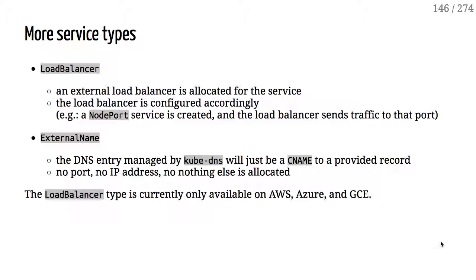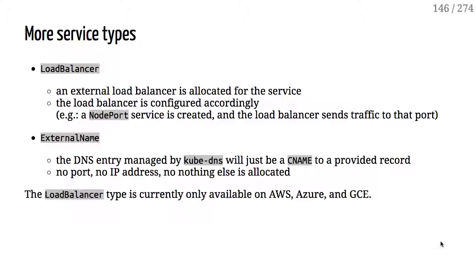If you're on AWS, it will be an ELB. If you're on GCE or Azure, it will be the equivalent load balancers on these cloud providers. You could also write your own service controller to interface with, for instance, F5 hardware load balancers. Some people, I think, have made load balancers that use HAProxy, etc.